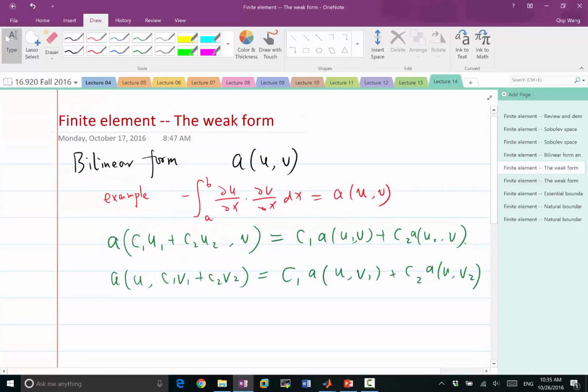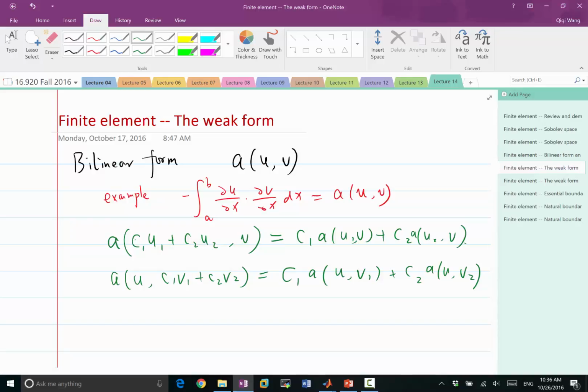And the reason it's called bilinear is that it is linear with respect to both its arguments. In this example, it's pretty clear why each of them is linear. If you perform a linear combination of u, you can pull these linear combination coefficients out of the integral. Alternatively, if you perform any linear combination of v, you can also pull these coefficients out of the integral.